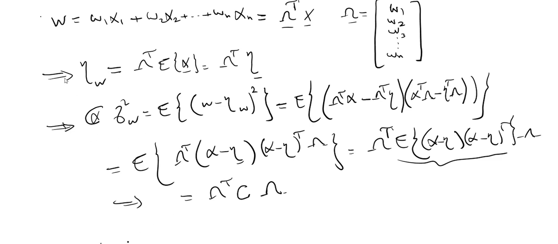Okay, I found eta W and I found sigma squared W. Now I can put them in the previous formula, and omega must be 1 here.